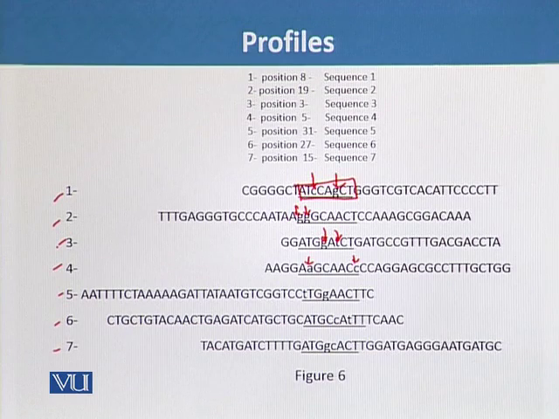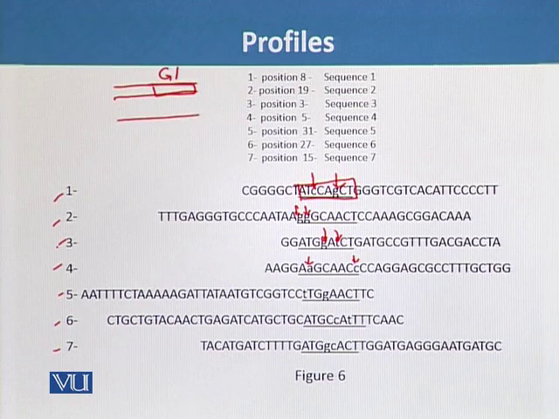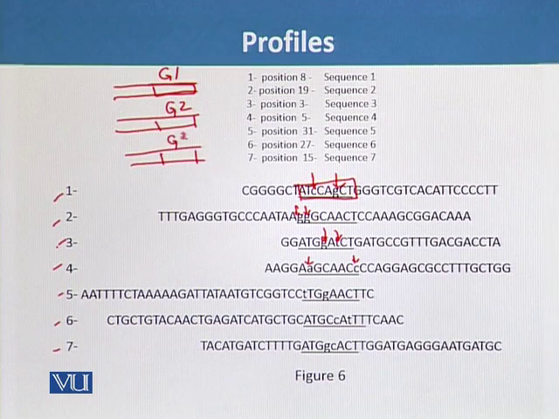For example, if we want to find the sequence of a motif, this is gene number 1, this is gene number 2, 3, and so on. And this is the promoter region upstream of the gene.